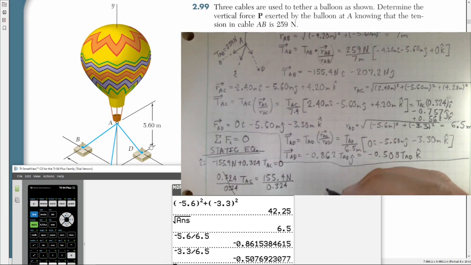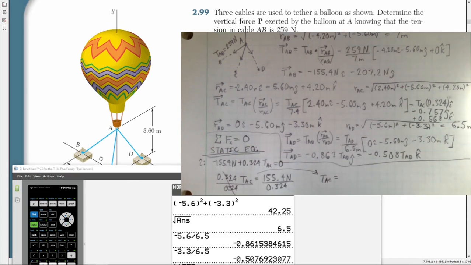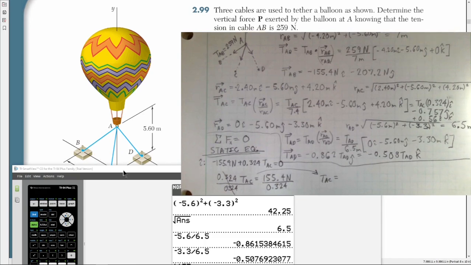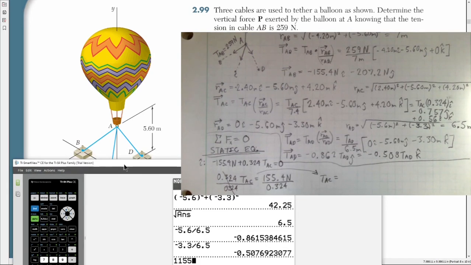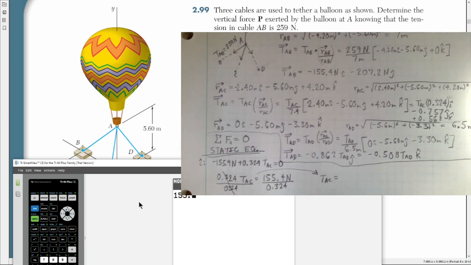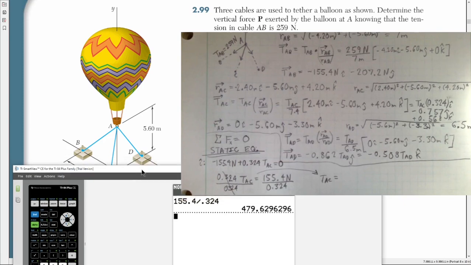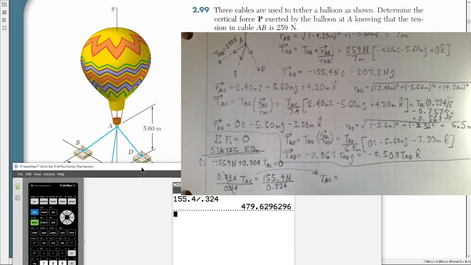We calculate 155.4 divided by 0.324, and for this value we get 479.6.